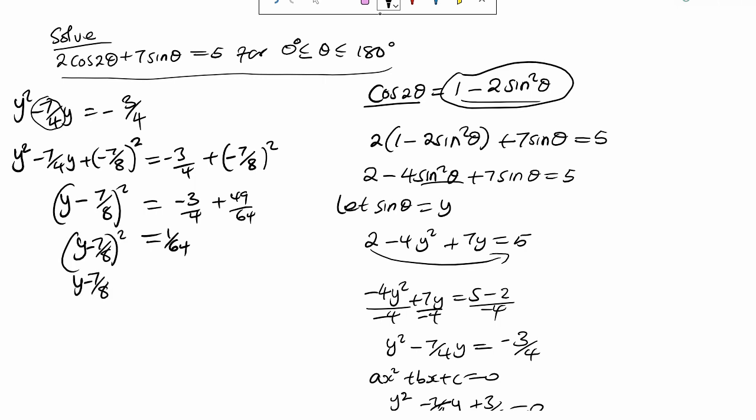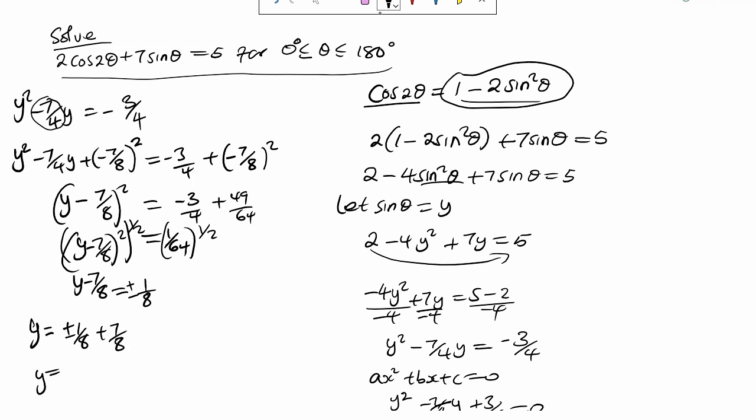If I raise everything to power half, that means getting the square root on both sides, so it means that the value 1 over 64 becomes 1 over 8, and since we were getting the square root, this is either plus or minus, so that the values of y become plus or minus 1 over 8 plus 7 over 8.